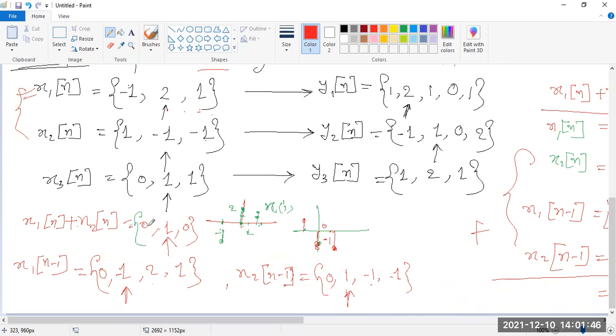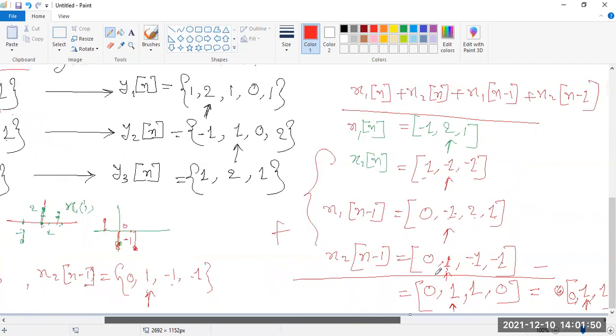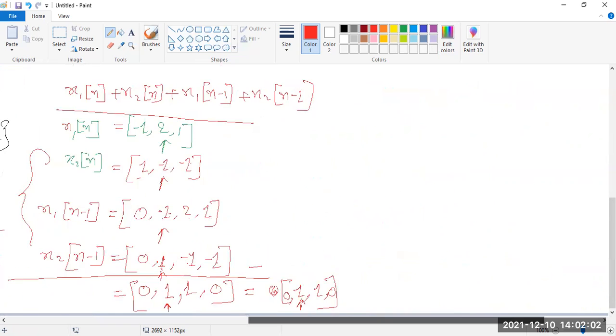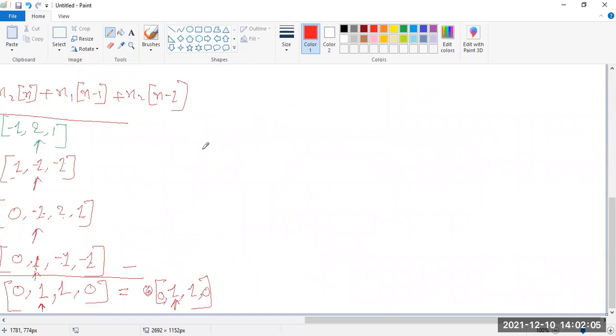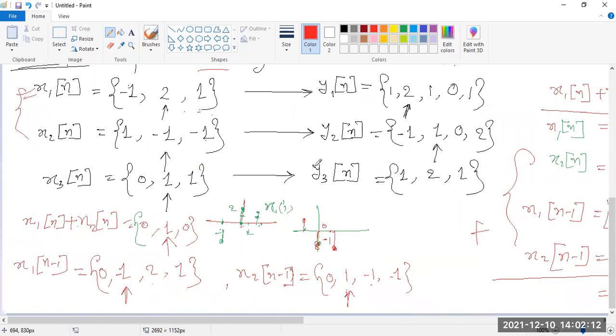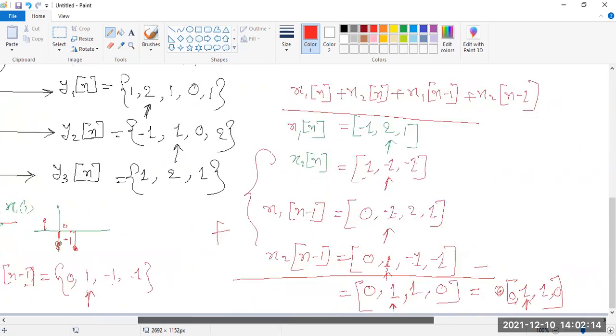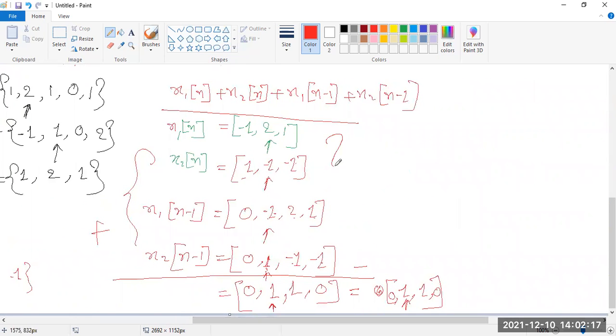You have to write this, this is not x1, you have to write x1 plus x2. So you can add this by superposition, or another way. Look, this does not resemble any of your input or output. Any of your output does not resemble this. So these things are not required.